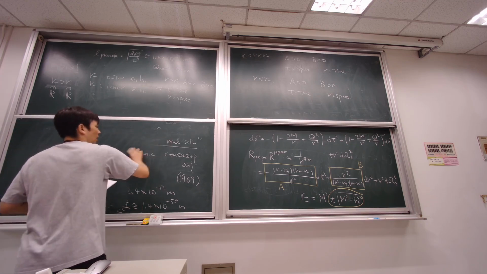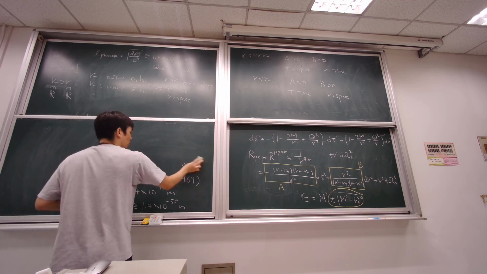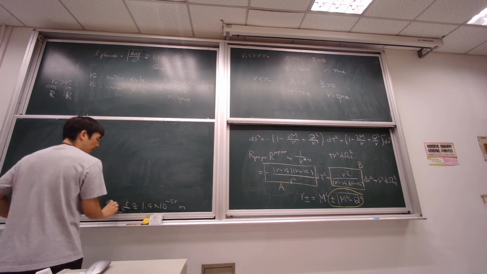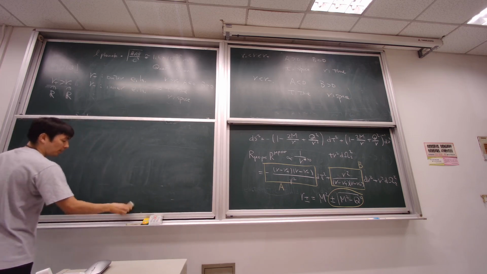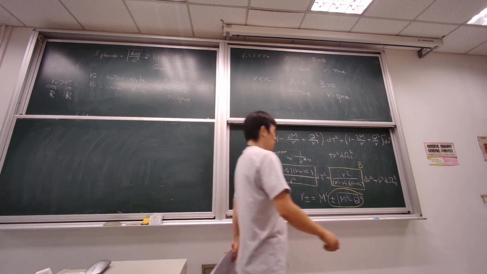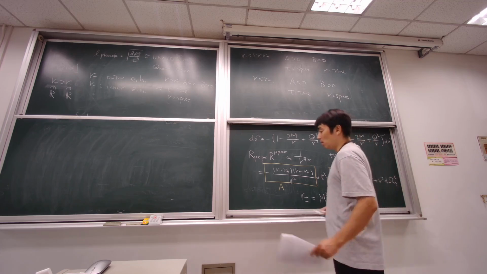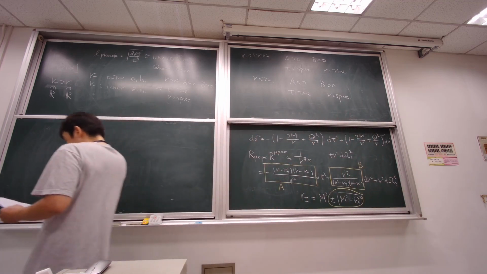And again, we introduce the so-called tortoise coordinate and so on, and then analyze the causal structure of the space-time. That's exactly what we have done in Schwarzschild.